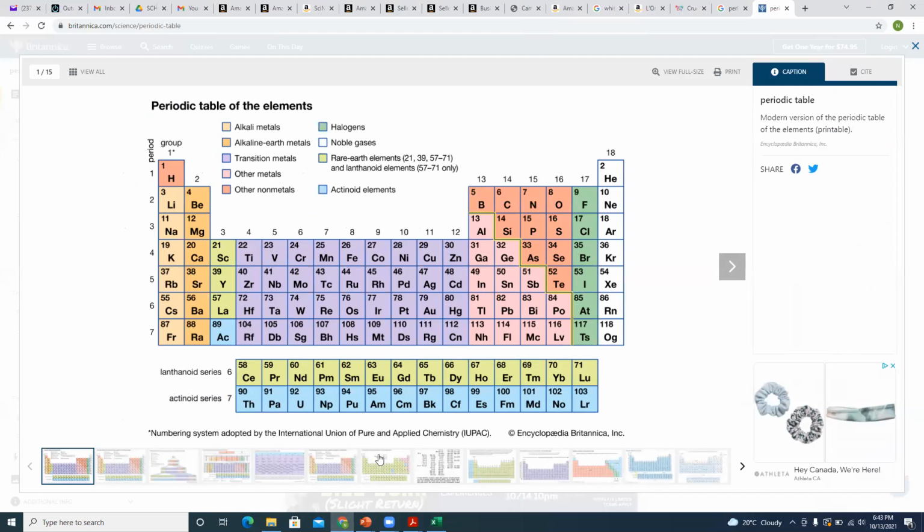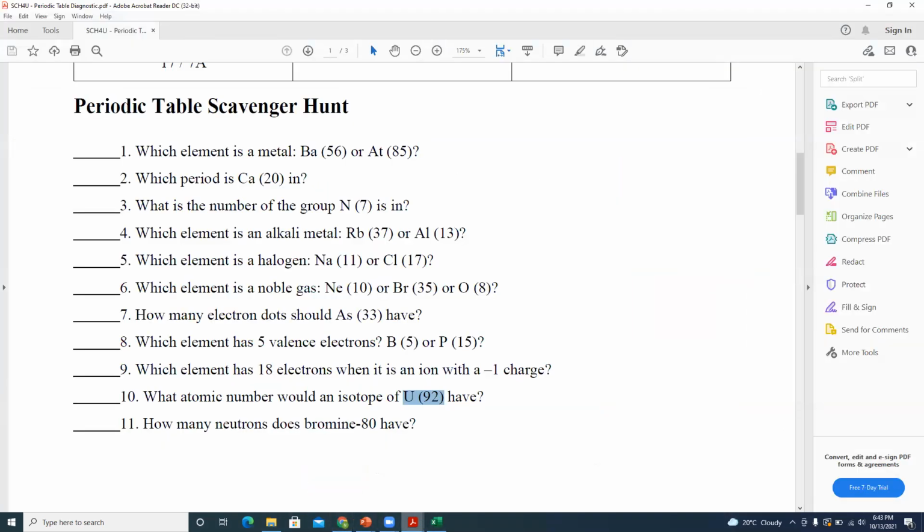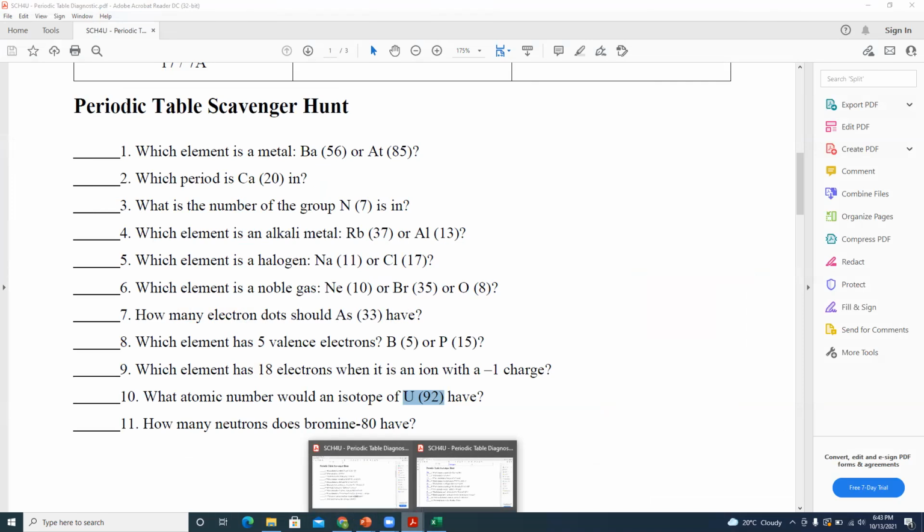So bromine-80 would have how many neutrons? You would have to subtract 35 from 80, so it would have 45, exactly. Okay, so what else?